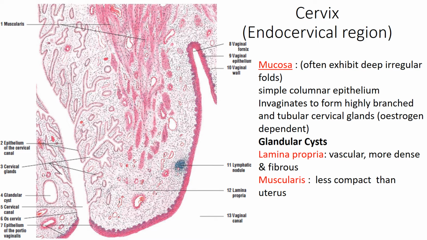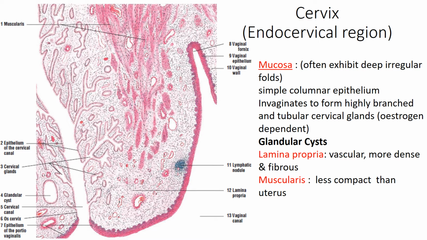Now this gland exhibits changes during the hormonal changes or the ovarian cycle. Initially, during the proliferative phase up to ovulation, the mucus secretion is abundant, and it is more abundant towards the ovulation phase.